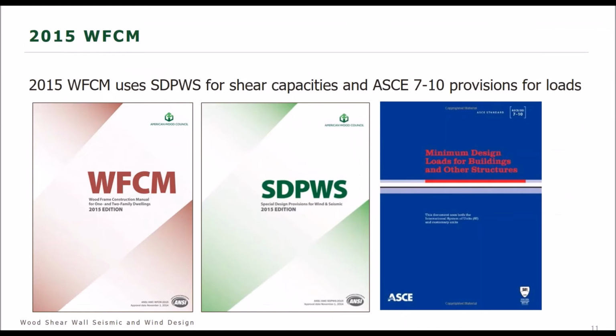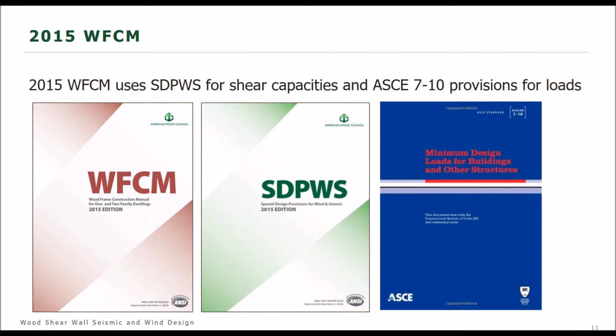In the WFCM, you'll see some shear capacities for shear walls and diaphragms, and those are going to be referenced from SPDWS. So the shear capacities for the WFCM are coming directly out of SPDWS. There's provisions for adjustment factors and things like that.